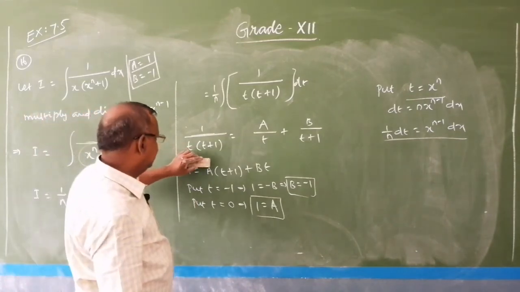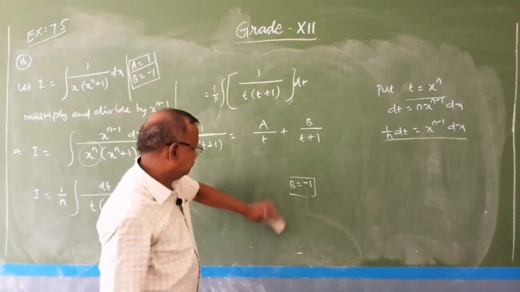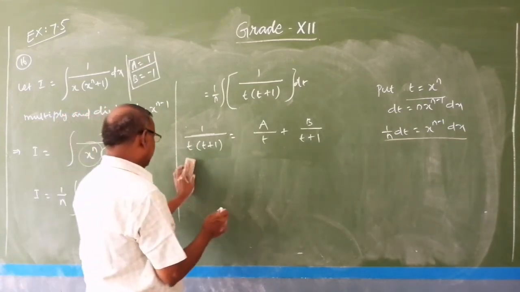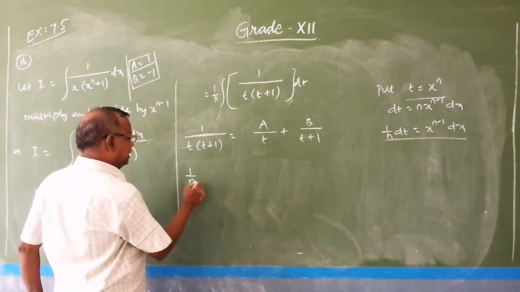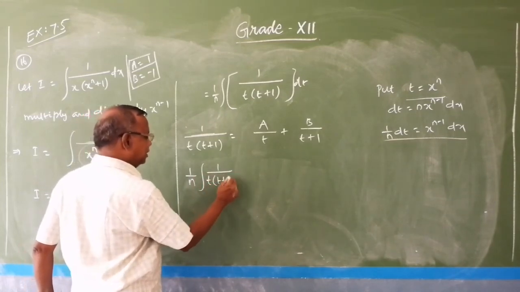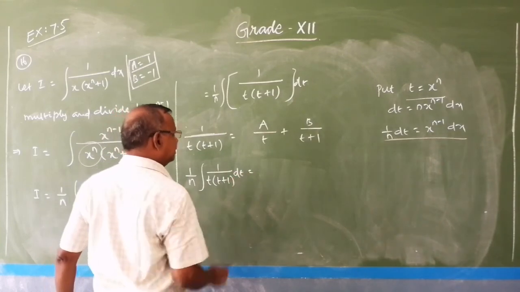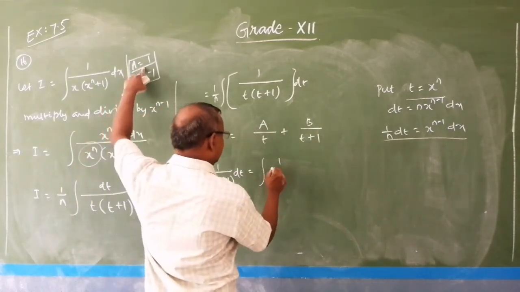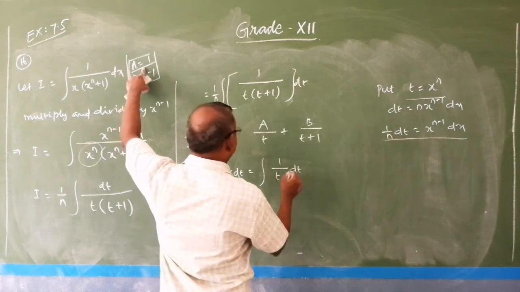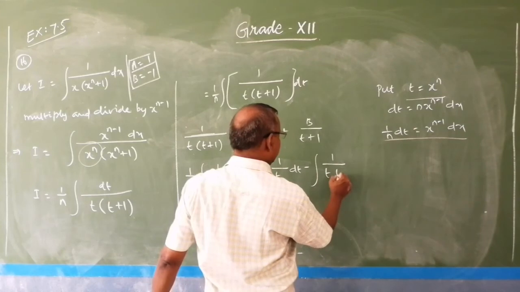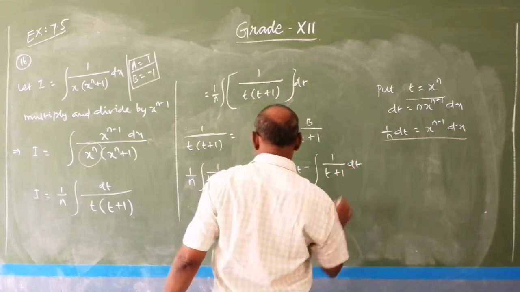So the integral becomes 1 by n into integral 1 by t into t plus 1 into dt, equal to a by t meaning 1 by t, integral 1 by t into dt, and b equal to minus 1, minus integral 1 by t plus 1 into dt.